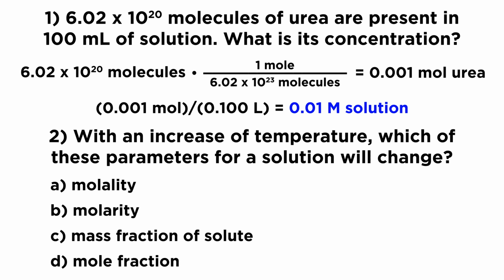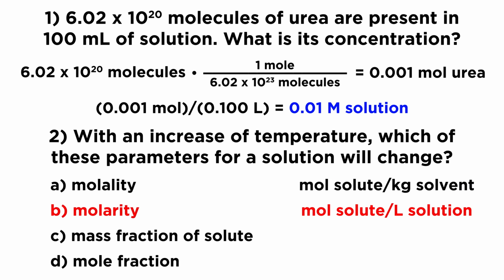And then the second question, remember, we are trying to figure out what's going to happen to each of these parameters when we increase the temperature. So just to start, let's go ahead and define all of these. We want to know exactly what these are measuring. So molality, if we recall, is moles solute per kilogram solvent.